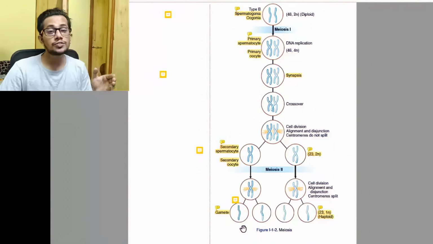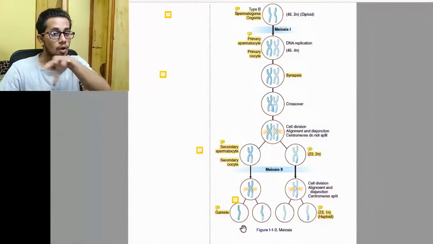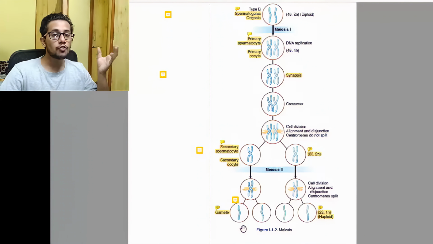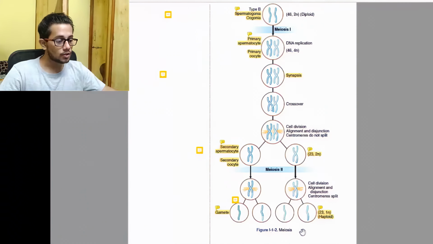When it merges with another, either a sperm or an ovum, the different one from each other, then we have 23 plus 23, we have 46 chromosomes and 2n. Then we are back to this. So after producing all of this, when a sperm and an ovum meet, we are back to this again.